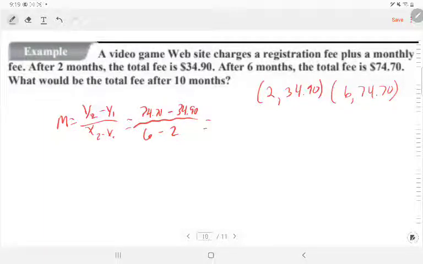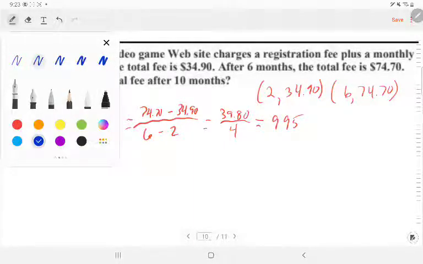Well, that would give us 39.80 over 4. Then that would give me 9.95. So then I could plug it in.